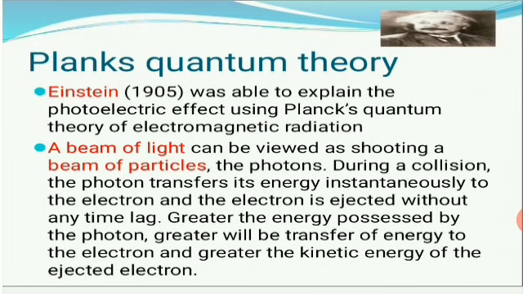Then here comes Planck's quantum theory. He says that a beam of light can be viewed as a beam of particles, or photons. During the collision, the photon transfers its energy instantaneously to the electron, and the electron is ejected without any time lag. The greater the energy, the greater the transfer of energy, and the greater the kinetic energy of the ejected electron.